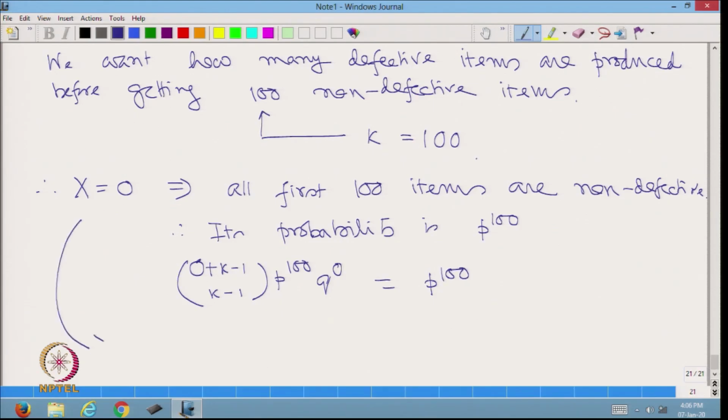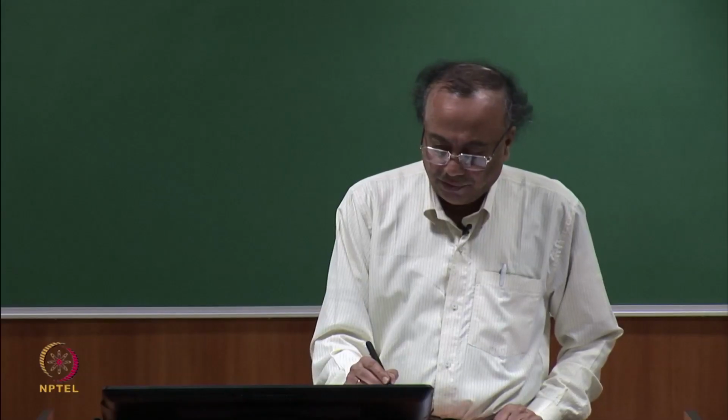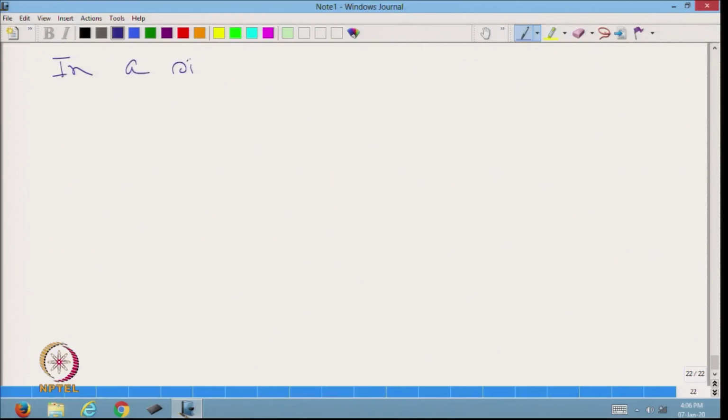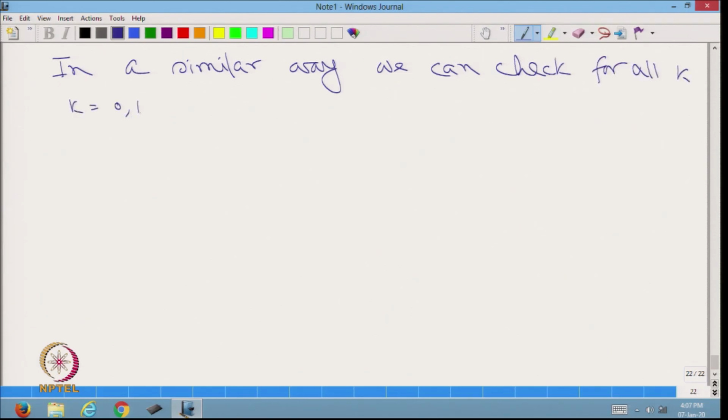Therefore, probability x is equal to 0 is 0 plus k minus 1 c k minus 1 p to the power 100 q to the power 0. In a similar way, we can check for all values 0, 1, 2 up to infinity.